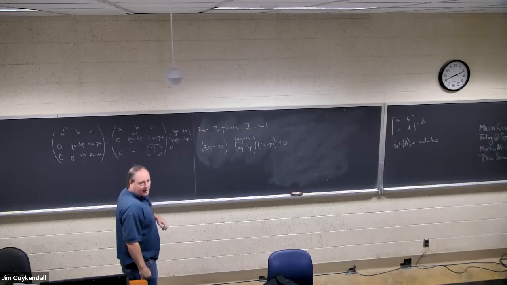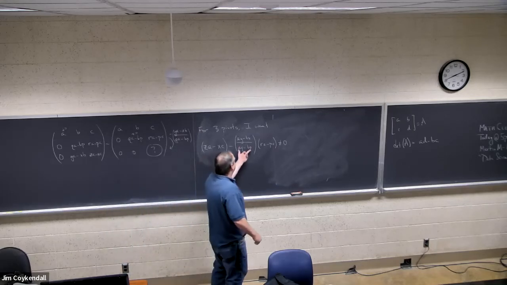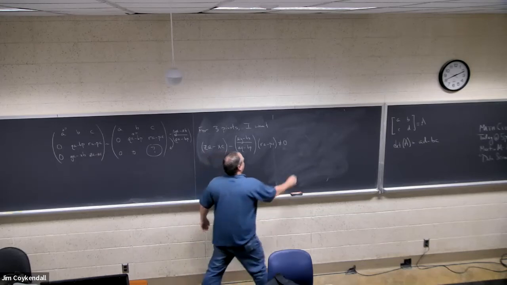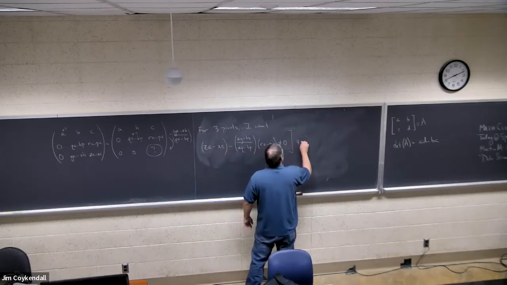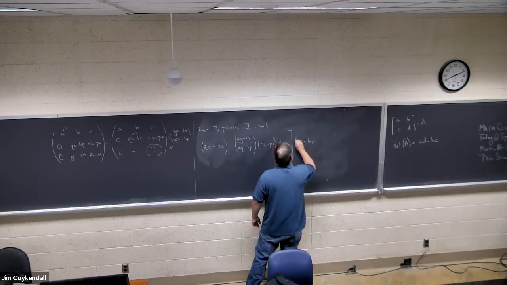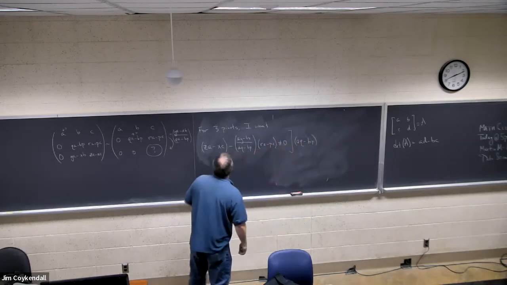Everybody okay with this? Now, this thing is not zero because it's in a denominator. So let me multiply this whole thing by AQ minus BP, and multiply this whole thing by this.